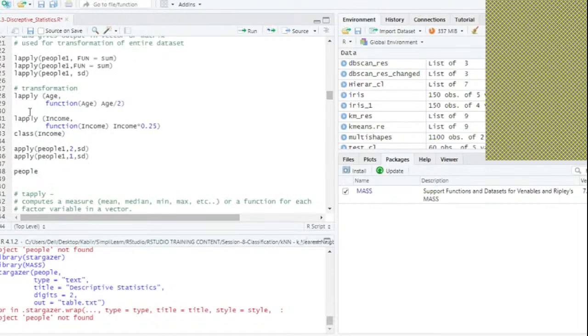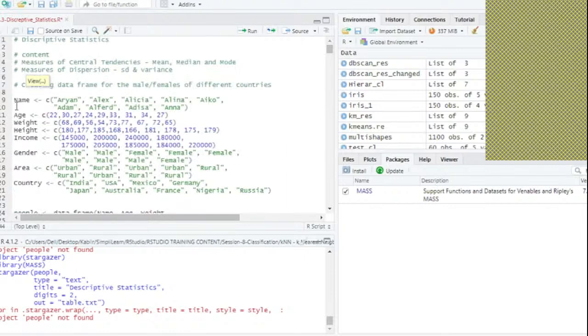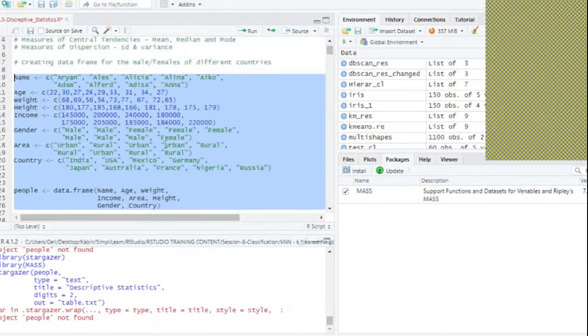I have created this people data frame. If you want, I'll share this code.